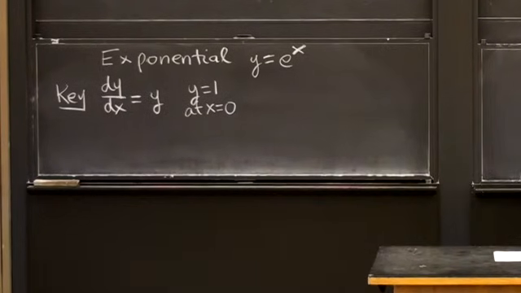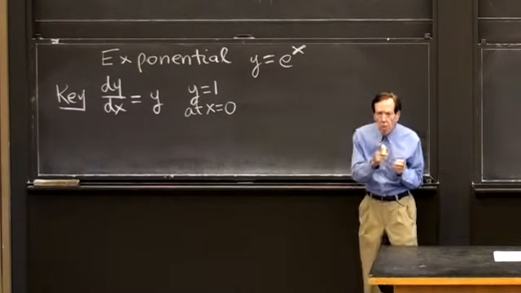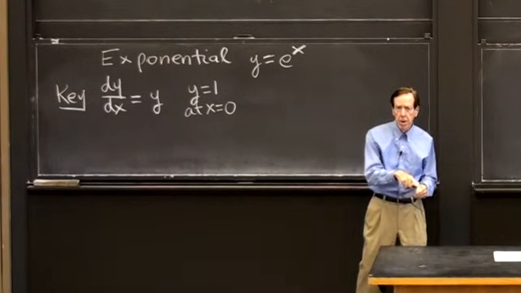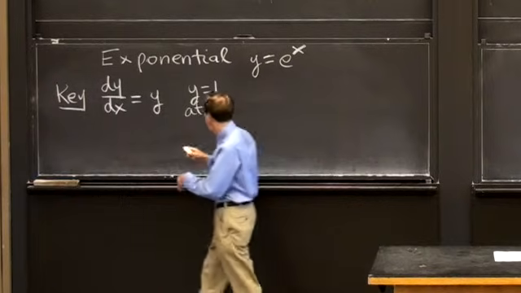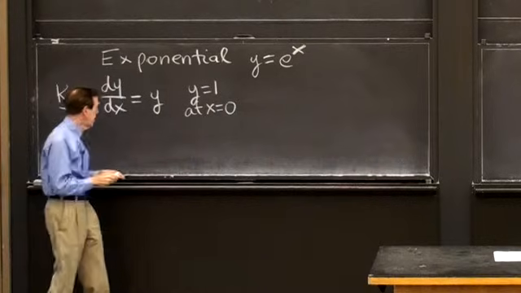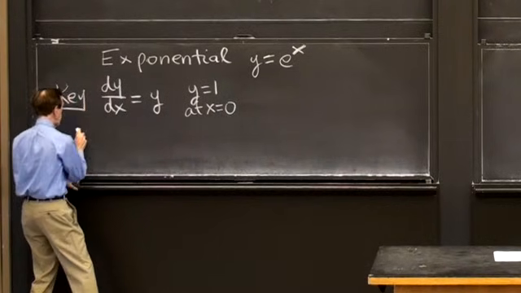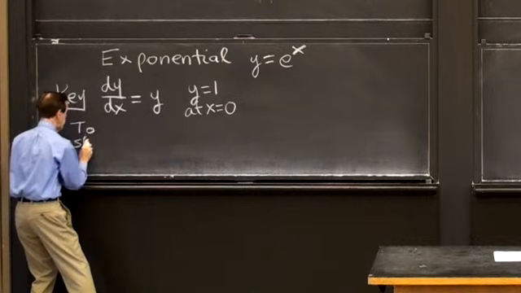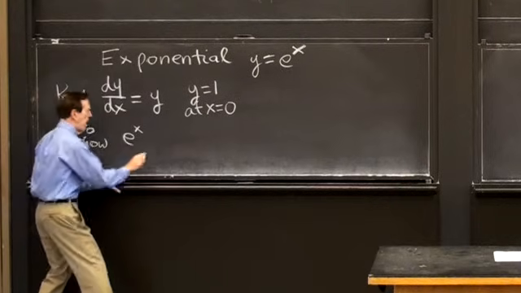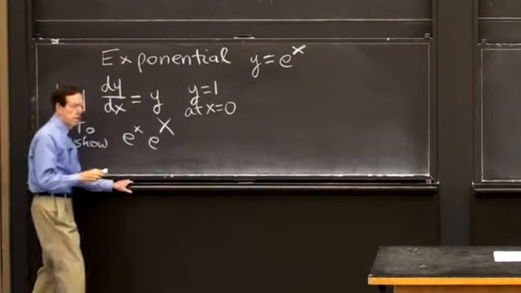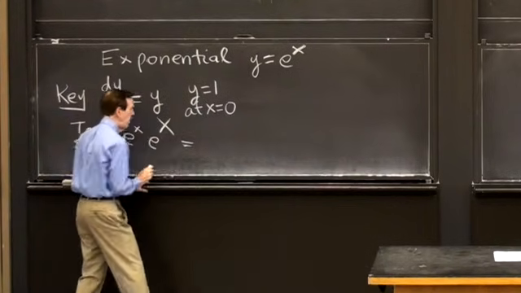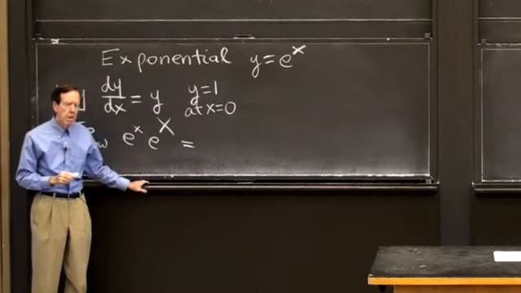Okay, I've got several things to do, and one more thing I have to do. This is a key property, but there's another key property that is true for any 2 to the x, 3 to the x, e to the x. And that key property is also to show, I have to show this, that my function, e to the x, times e to the possibly a different capital X, is equal to, do you know what we want here?